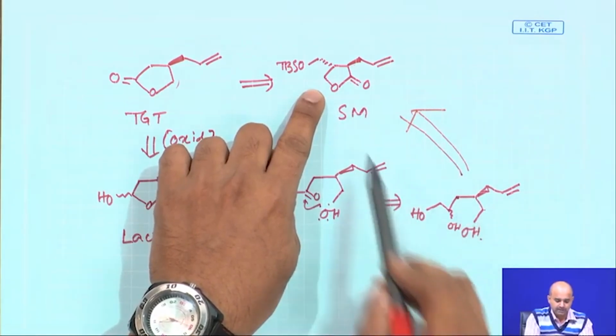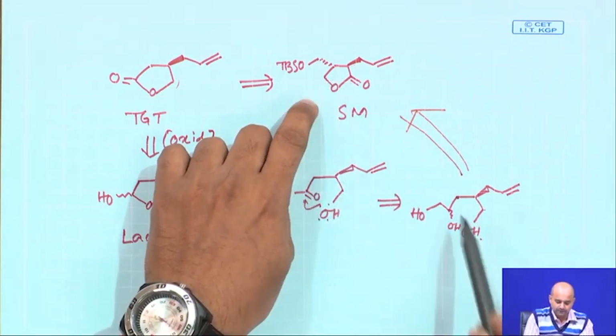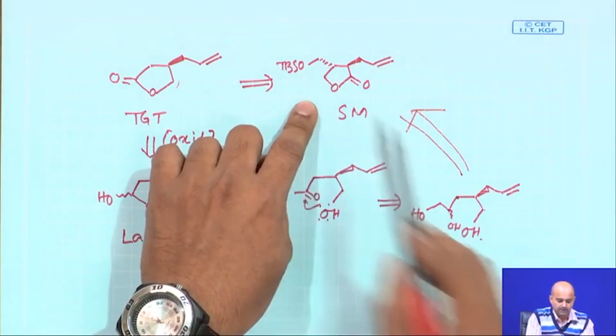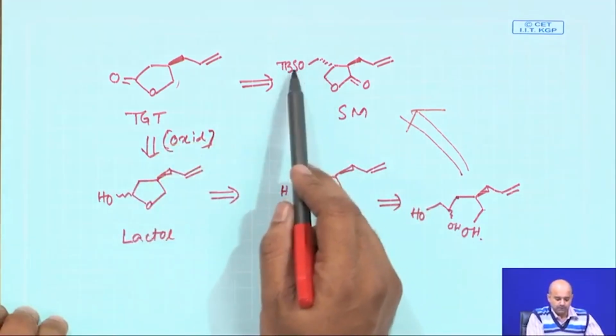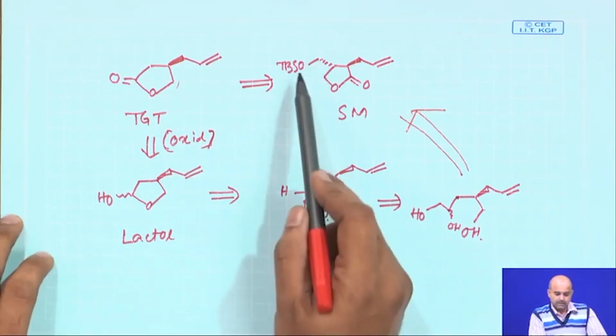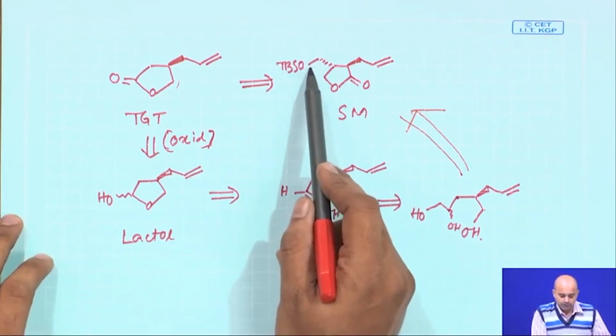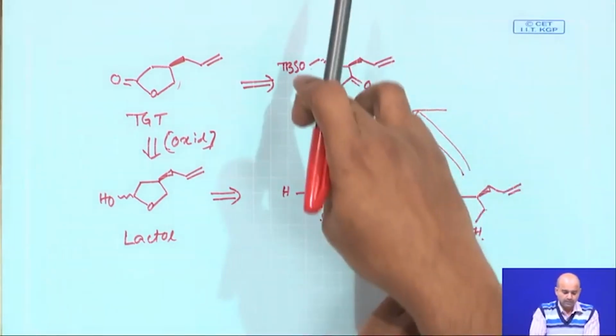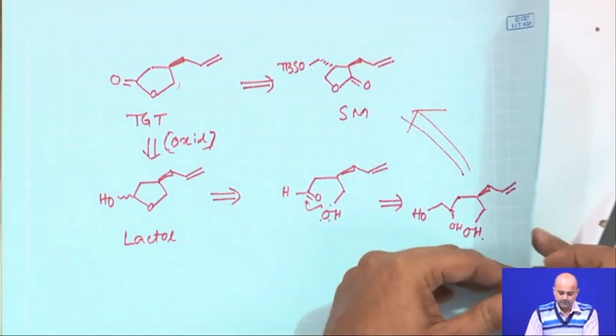Then here you have this CH2OH, and this TBS group can also be thought of as giving you a particular OH by TBS deprotection. So, now you complete the synthesis through a forward pathway.